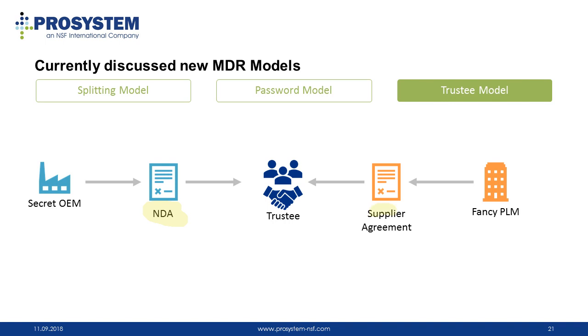And they've got a supplier agreement with the private label manufacturer where it is described what is the availability of the trustee, what are the responsibilities of that trustee, and what he has to do concerning the documentation, and how he has to be involved, for example, in risk management.